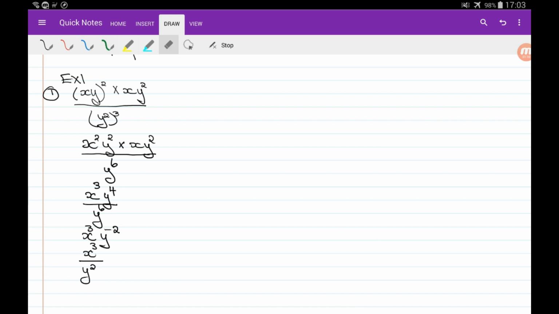So, just to recap, first of all, deal with the brackets. That rule says that a power outside a bracket belongs to everything inside the bracket. Here, to get rid of that bracket, we use the rule that says when we are getting rid of a bracket, we multiply our exponents.